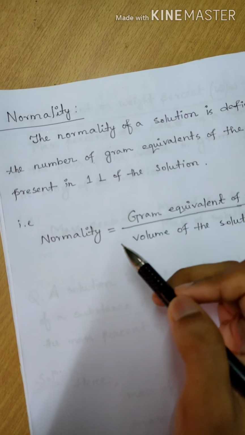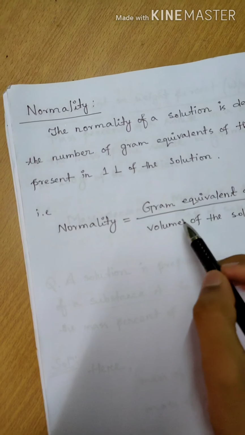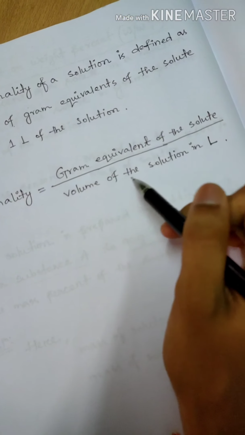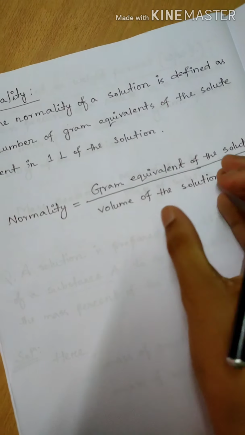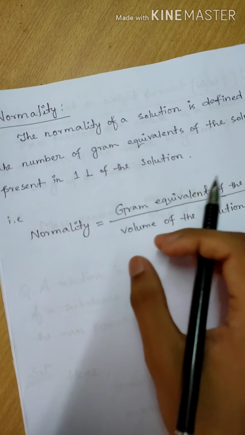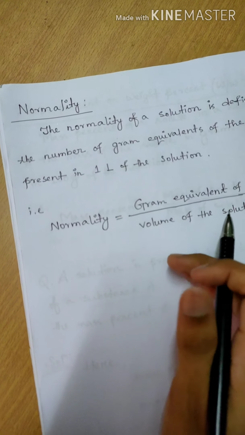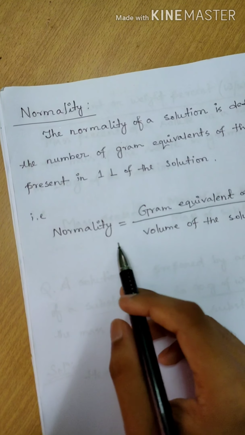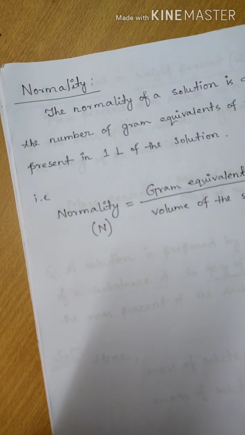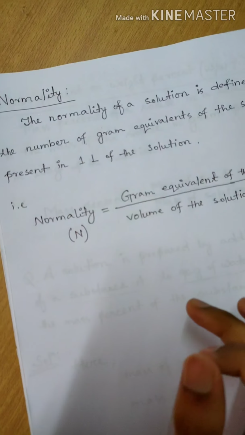So normality is equal to gram equivalent of the solute divided by volume of the solution in liters. This is the definition of normality, and normality is denoted by the symbol capital N. This is the formula for finding normality.